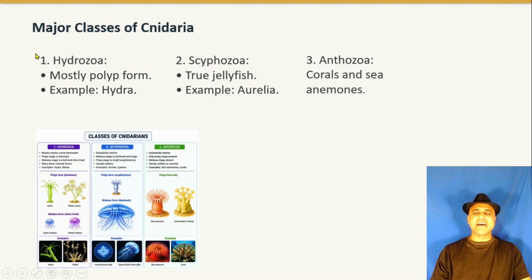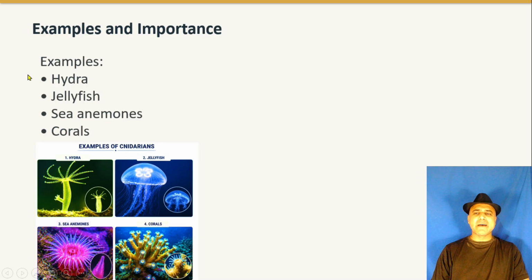Major classes of Cnidaria: Hydrozoa, mostly polyp form, example hydra. Scyphozoa, true jellyfish, example Aurelia. Anthozoa, these are corals and sea anemones. Examples and importance.